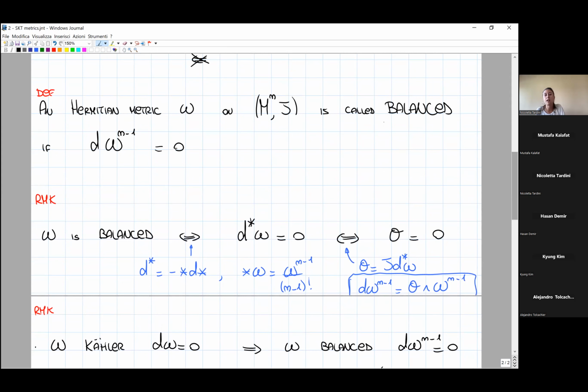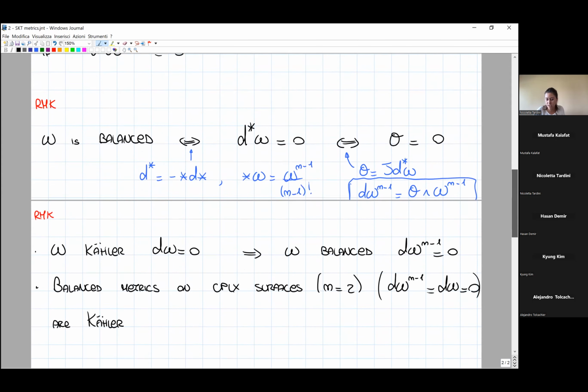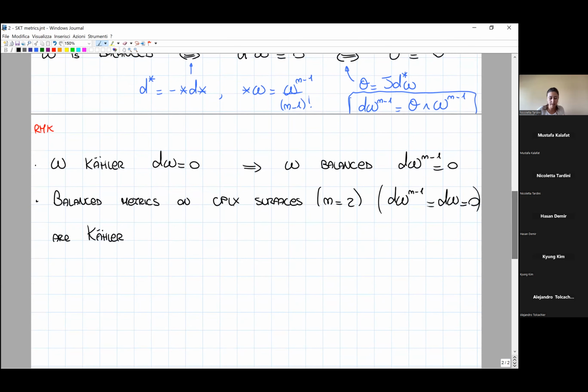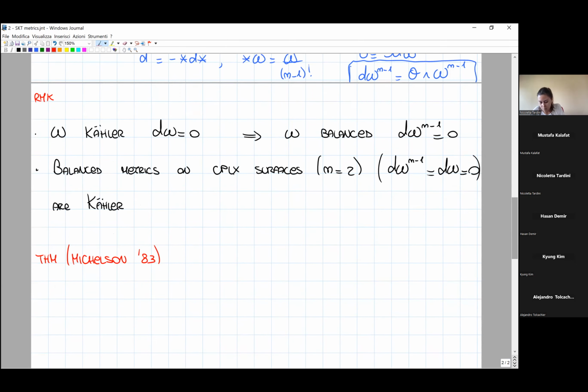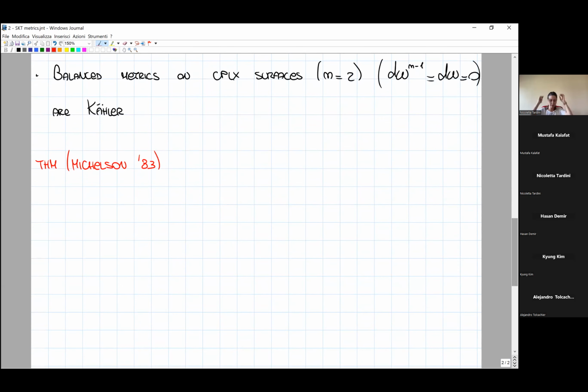Of course, I don't have time to give an overview about these metrics. So let me just mention a couple of important results about balanced metrics on complex manifolds. The first one is a theorem due to Michelsohn in '83. Michelsohn wrote a paper fully dedicated to balanced metrics, probably the first paper concerned just with balanced metrics on complex manifolds.